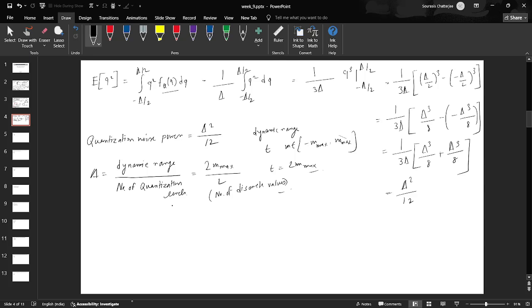So number of quantization levels can be converted to number of bits required to represent each sample. We have seen that earlier.